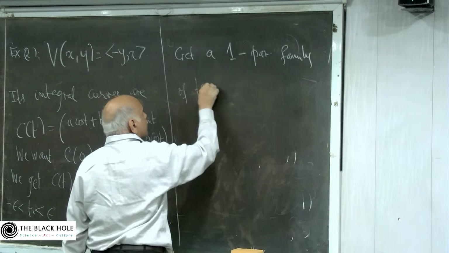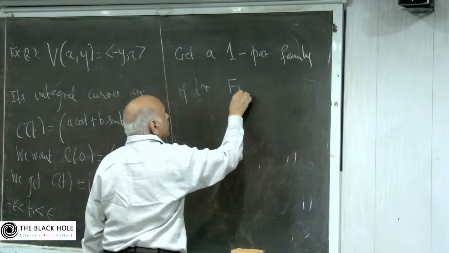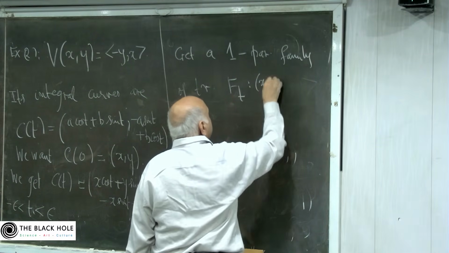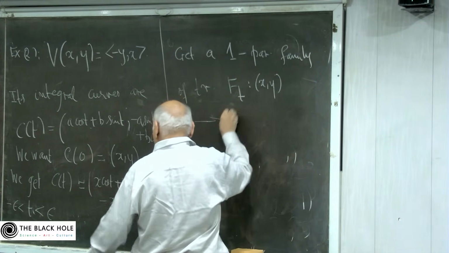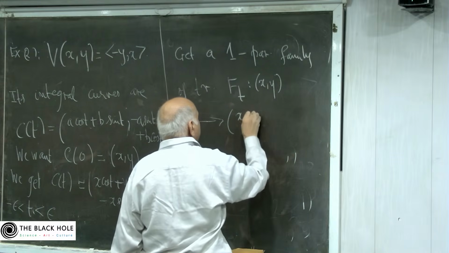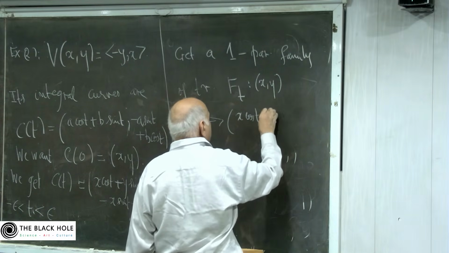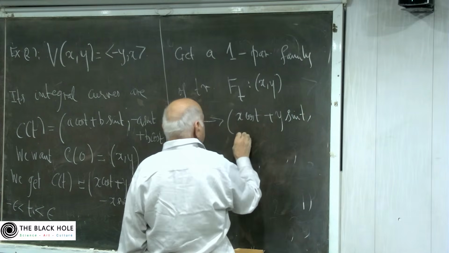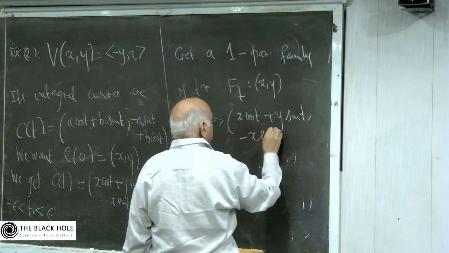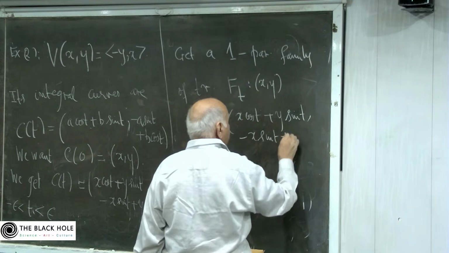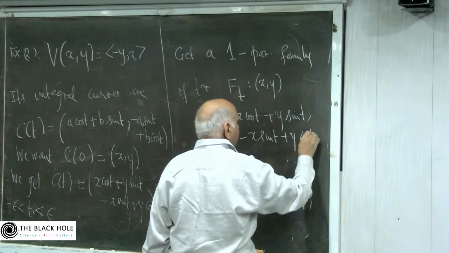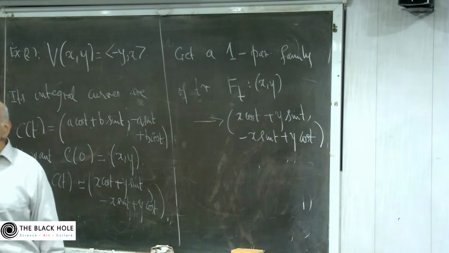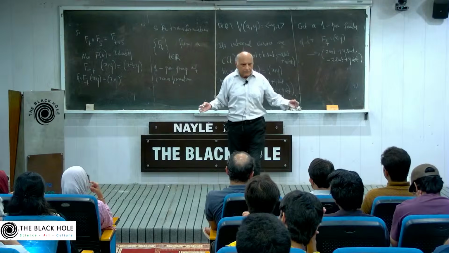Now we get a one parameter family of transformations Ft which sends xy to x cos t plus y sin t, minus x sin t plus y cos t. How many of you know how to work with matrices? I think everyone knows.